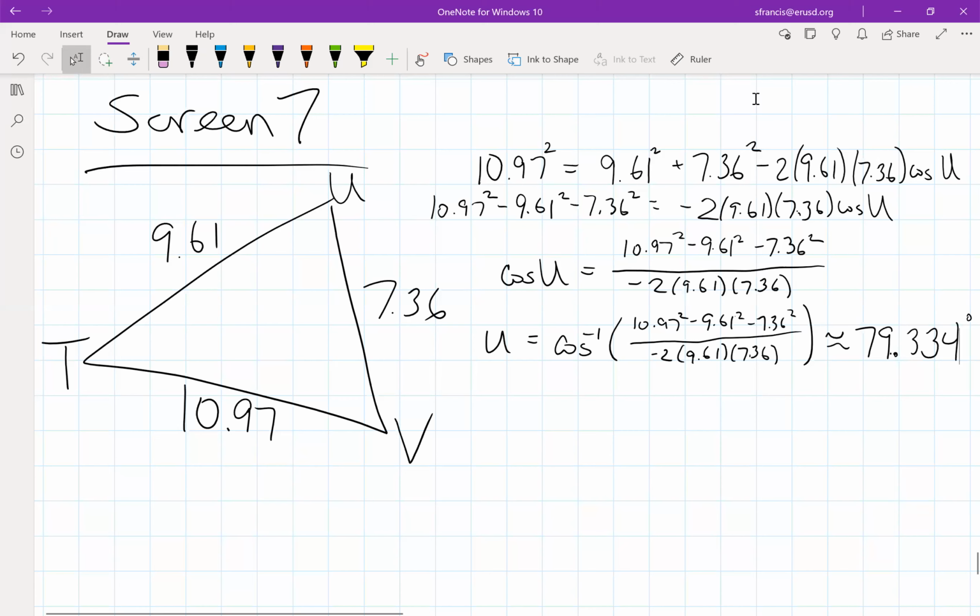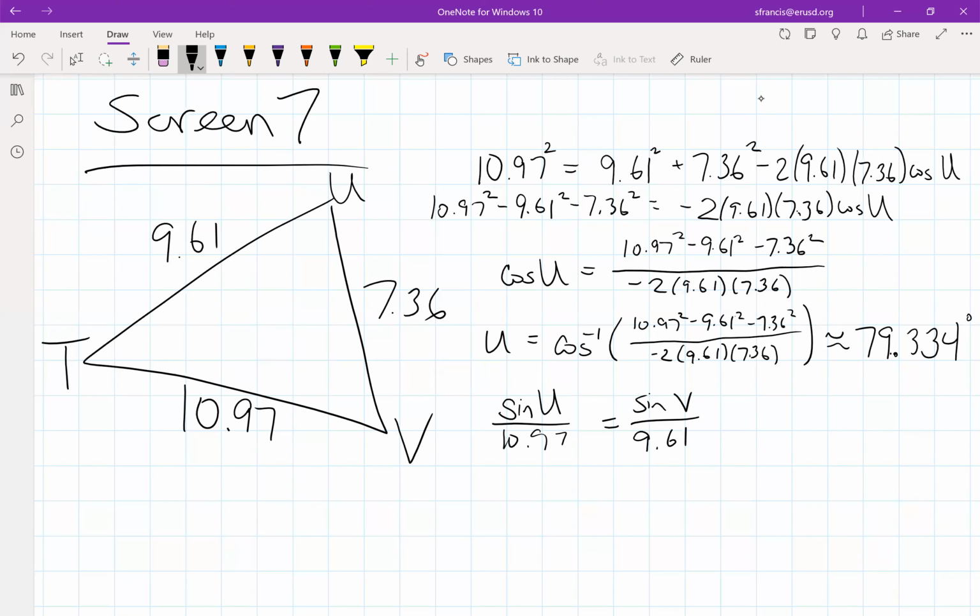I wouldn't use the law of cosines again to solve the next part. I would go ahead and use the law of sines because again, there are fewer terms in the law of sines. And since I know the measure of angle U, the sine of angle U over 10.97 is going to be equal to the sine of angle V over 9.61, and there are fewer things to manipulate here.